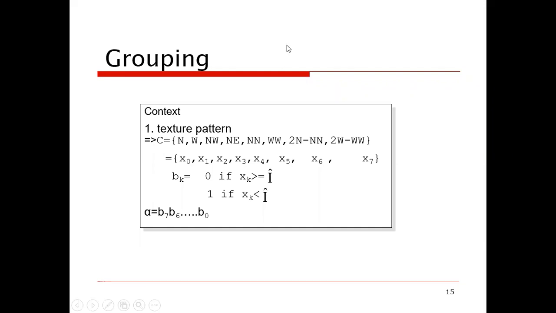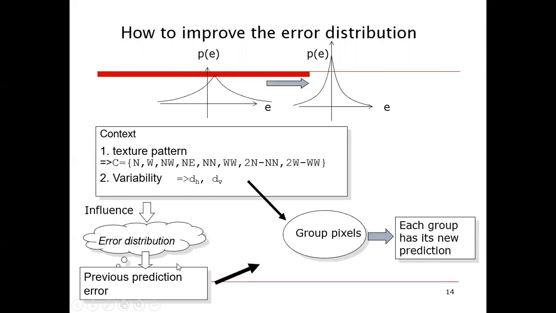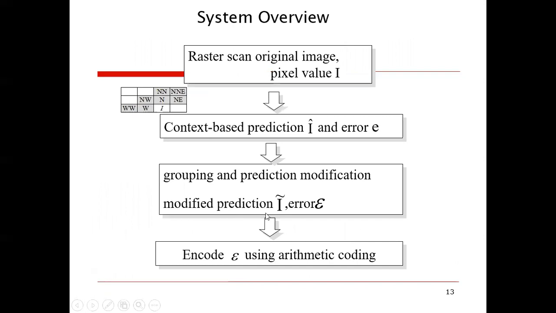In a similar way, you will perform a grouping operation on the given pixels. After applying the grouping on the pixels, you will create a new prediction value, known as the modified prediction value, I bar. In this case you will also find a modified error.